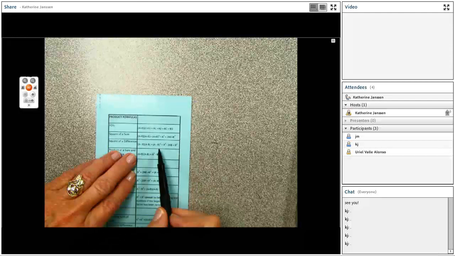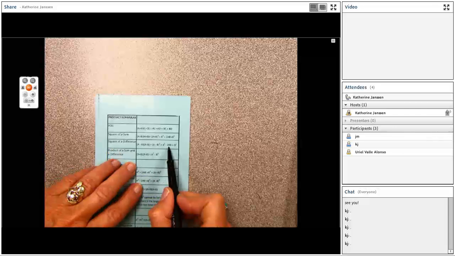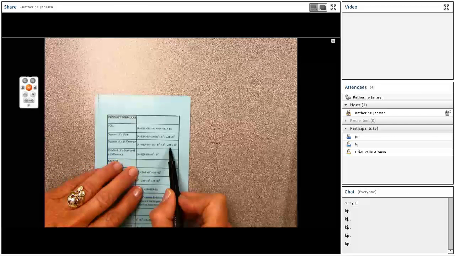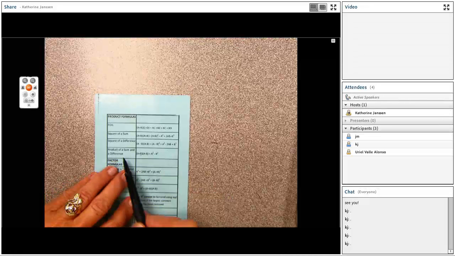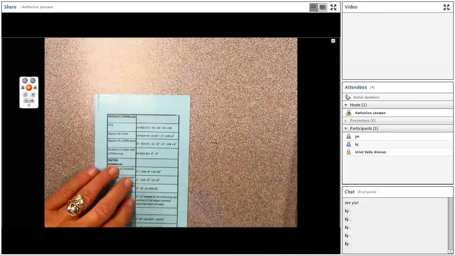The square of a difference, we have the first two terms the same, the last two terms the same. Square the first term, we're going to collect two like negative middle terms, plus square the last term. And the product of a sum and a difference, we have A plus B times A minus B. The first two terms are the same and the last two terms are the same.